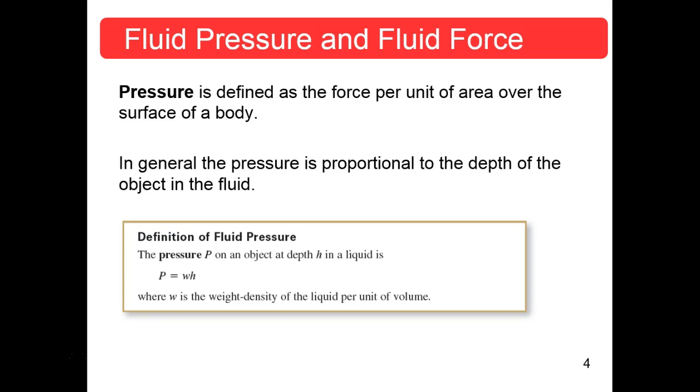Pressure P, capital P, on an object at a given depth h in a liquid is P equal to W times h. What is W? W is the weight density of the liquid per unit volume. Why volume here?